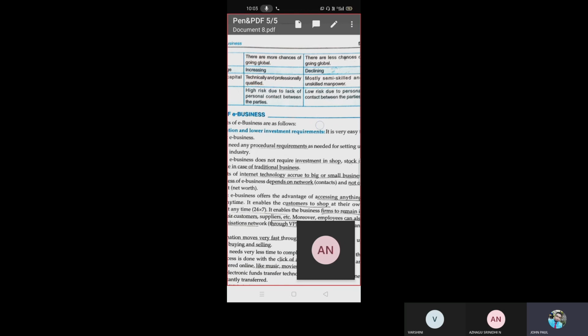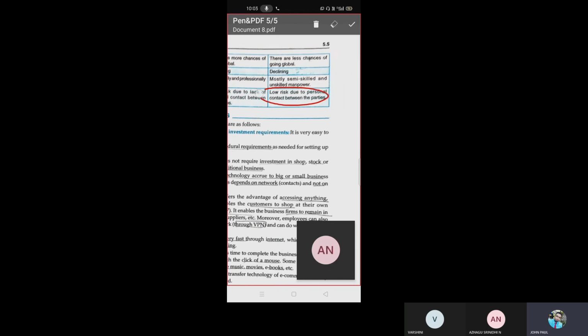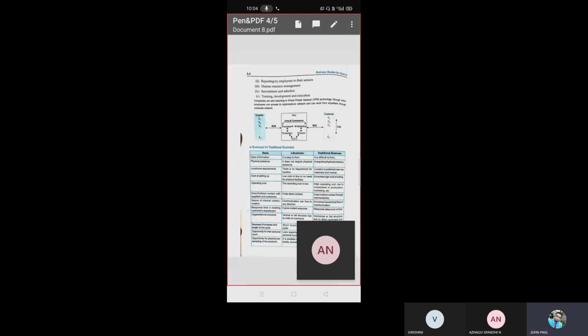Whereas in traditional business, it is very less, because we need to go to the shop in person. We give the order only if we give the cash, and they will deliver the product to us. So these are all the differences between traditional business and e-business.